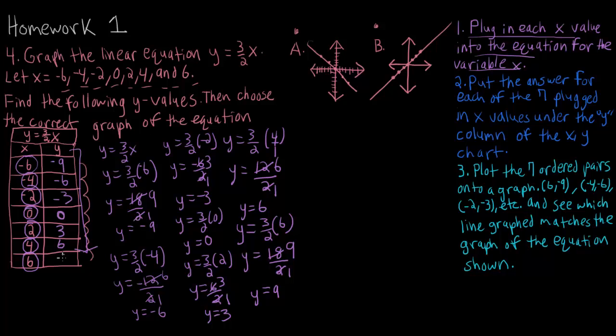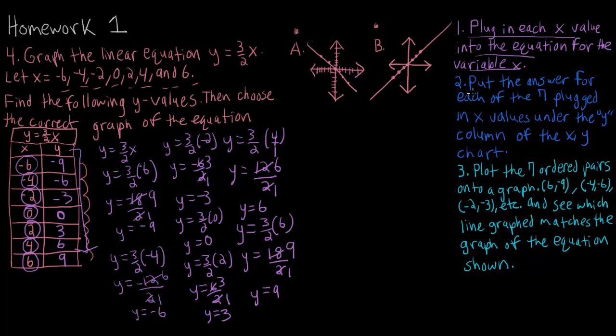Plug that into our y column of the xy chart. And as you can see, you have the origin here and negative 2, negative 3. These are the inverse of positive 2, positive 3. So you kind of have an opposite effect going on.